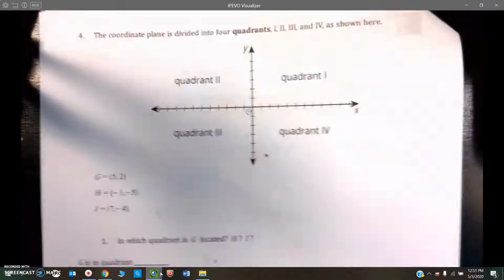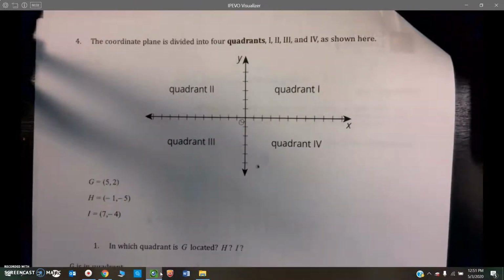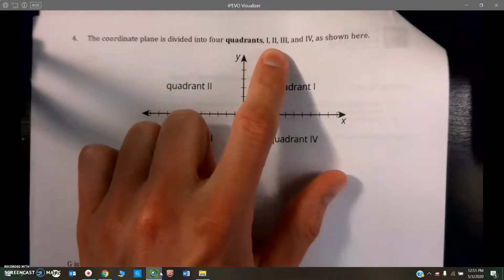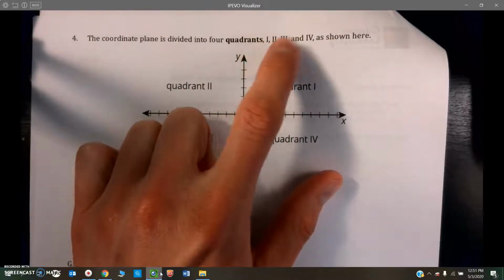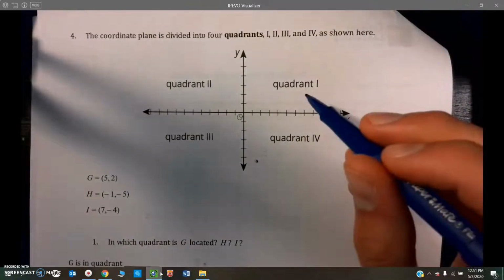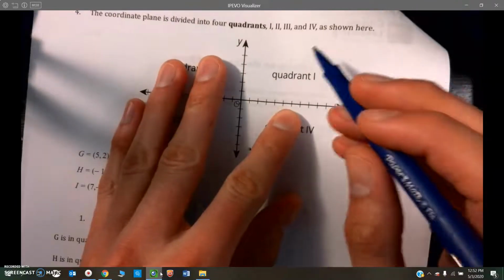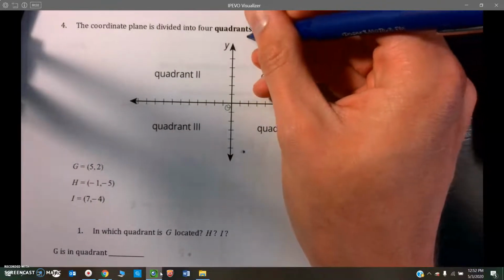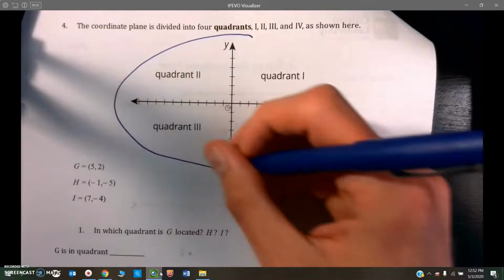Okay. All right, on to the next page. All right. So the coordinate plane is divided into 4 quadrants, and they are written in Roman numerals. So this is 1, 2, 3, and 4. Kind of funky. 1 is the one that you guys have always worked with before, and then it goes counterclockwise.